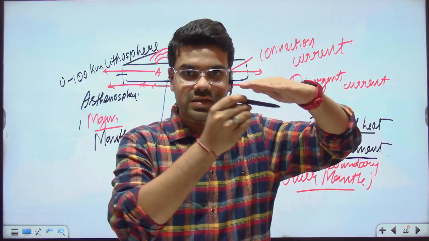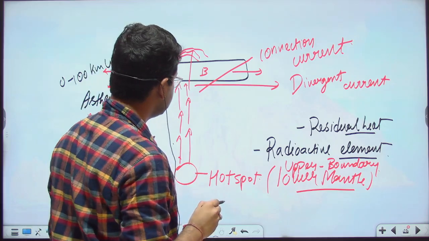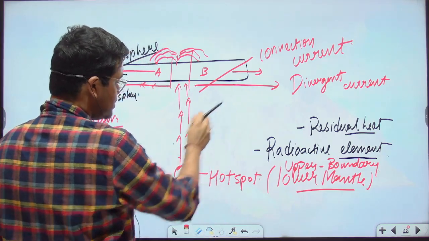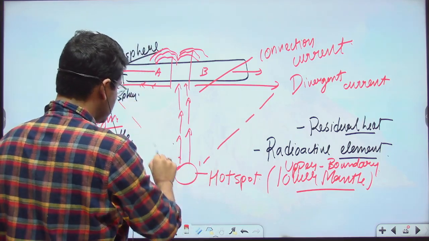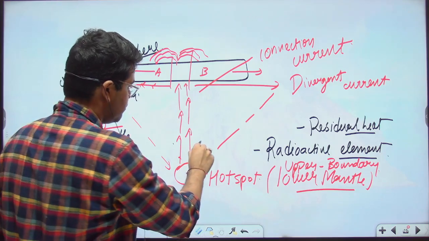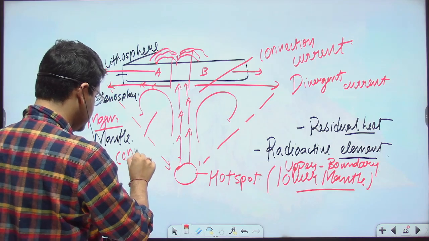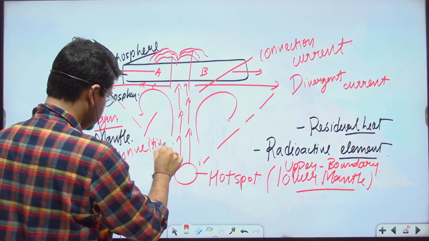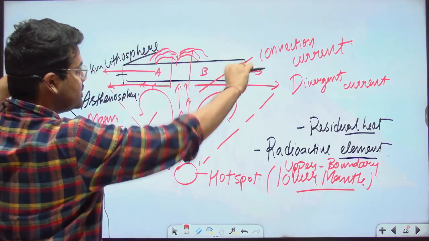It's somewhat like this. It is getting diverged, and eventually when the energy is lost, they come and merge back to the hotspot, making a cell known as a convective cell. And in this way, these two blocks are getting diverged.